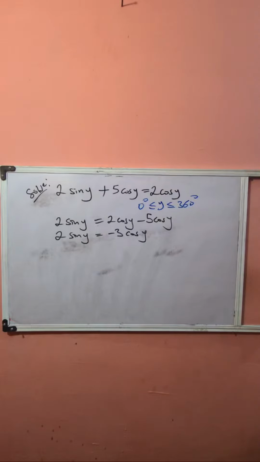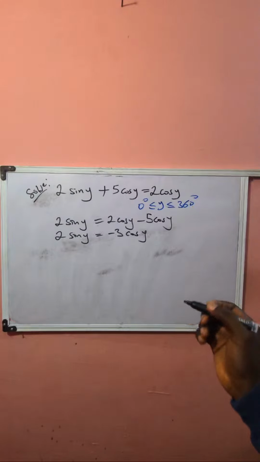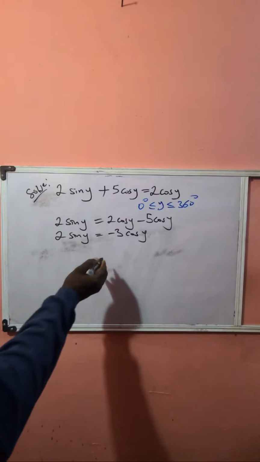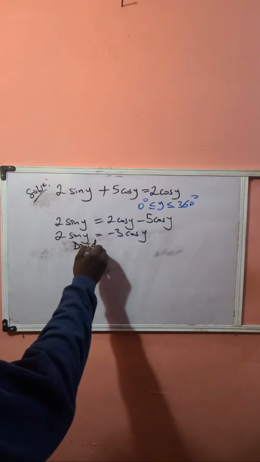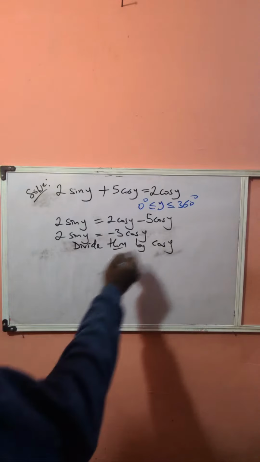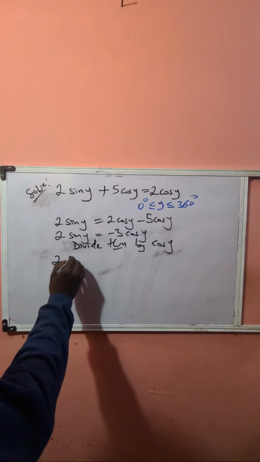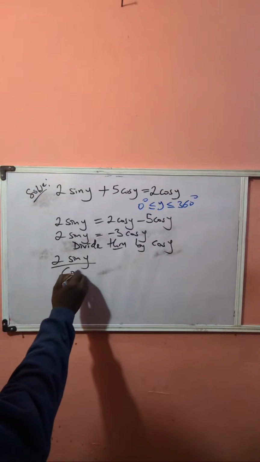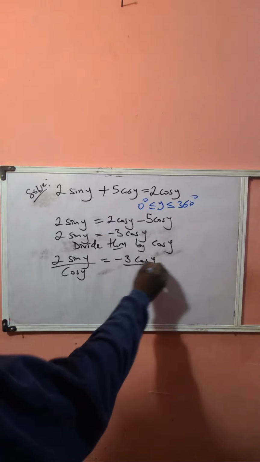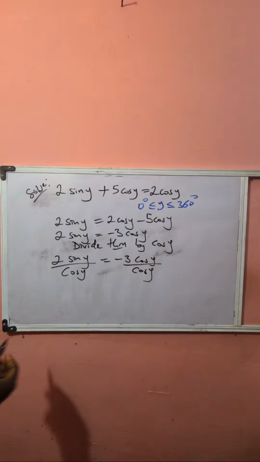If I decide to divide both sides by cos y, let's see how that goes. Dividing through by cos y, what do I have? I will have 2 sin y over cos y equals to minus 3 cos y all over cos y. What do you think is going to happen when I do this?